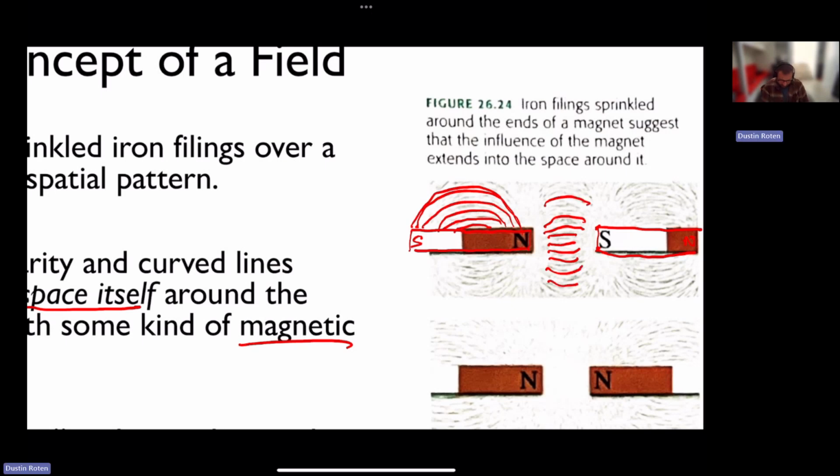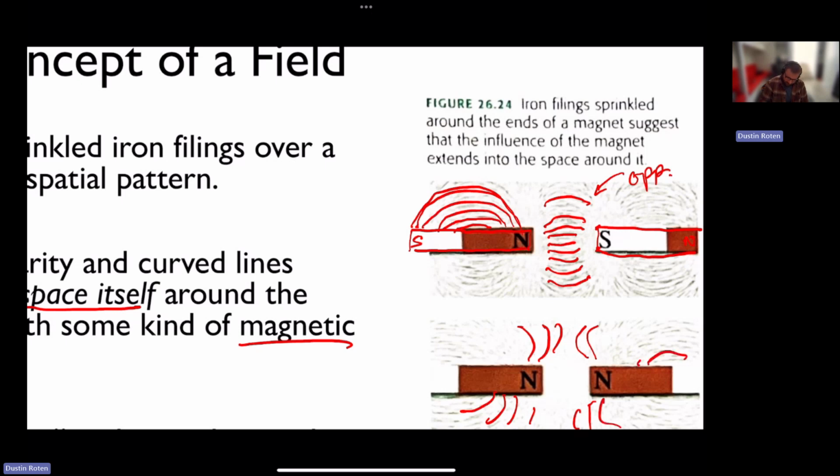He also noticed the case of similar poles. In this first example, we have opposite poles here. But in this second example down here, he noticed that if they were similar poles, they avoided each other. There wasn't really any overlap.